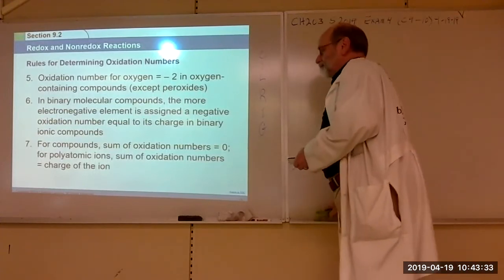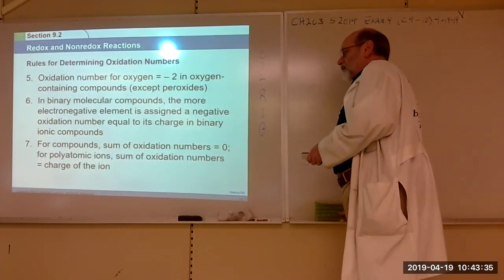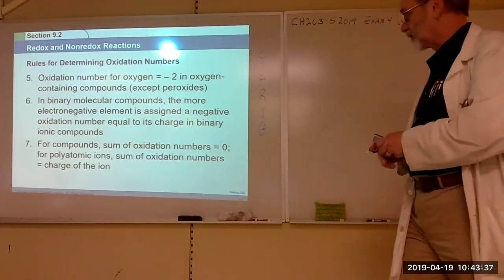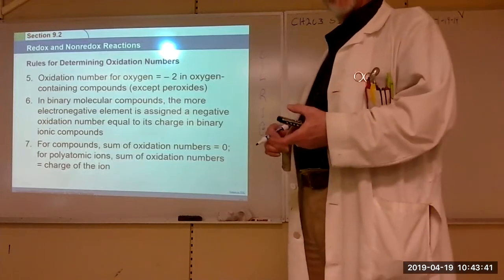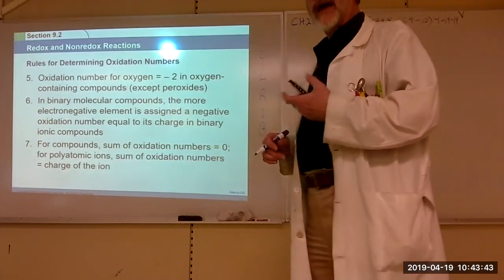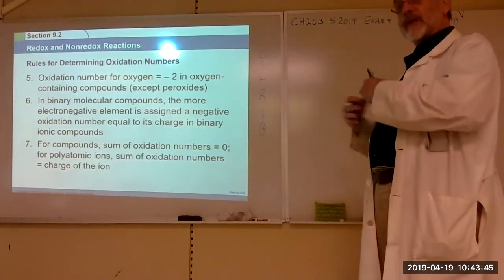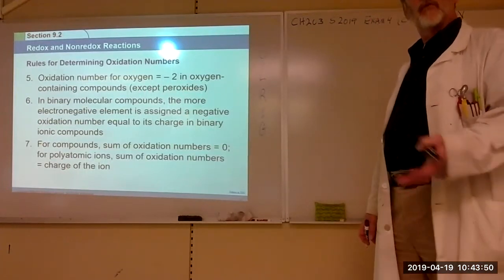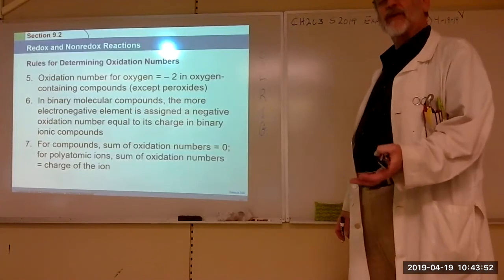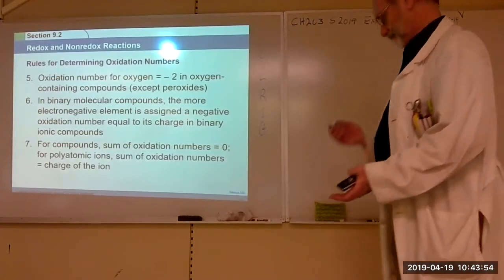Okay. Then if you have a binary molecular compound, and what we mean by that is covalently bound, not ionic. Sodium chloride would be an ionic compound. Water would be a molecular compound. Right?